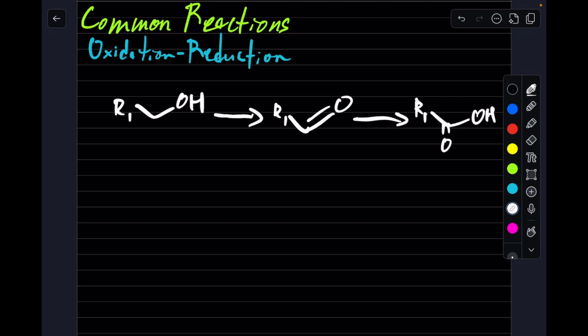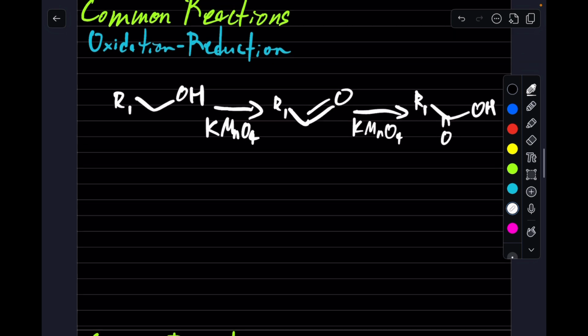So in this case, the molecules are getting oxidized, and you would use an oxidizing agent such as potassium permanganate. Actually, no, as an oxidizing agent.